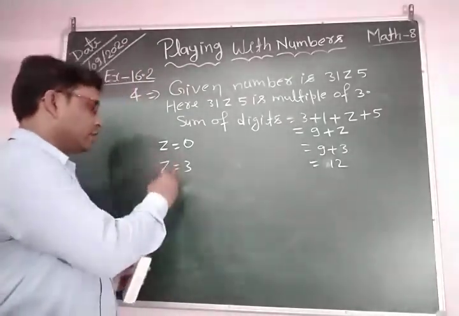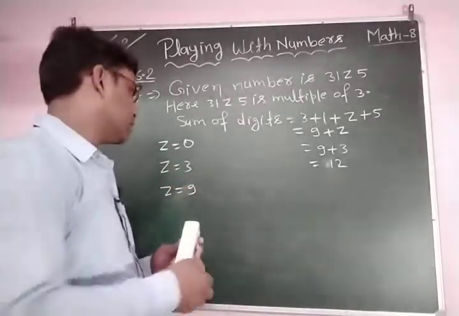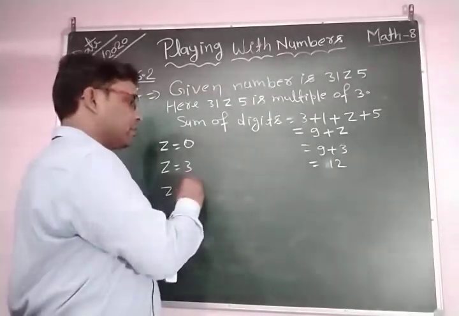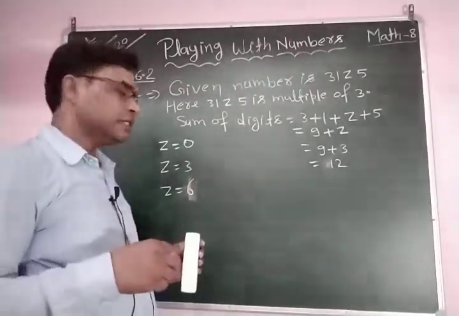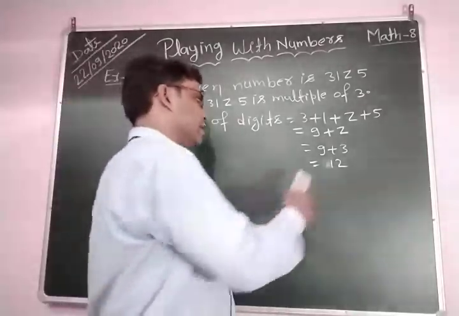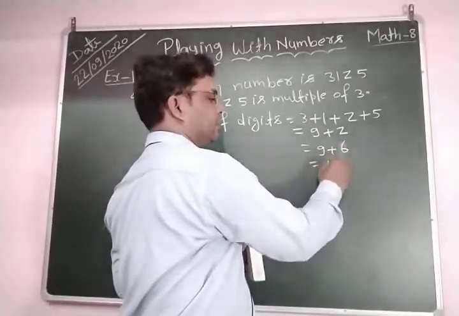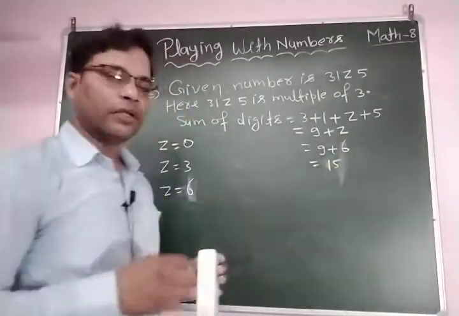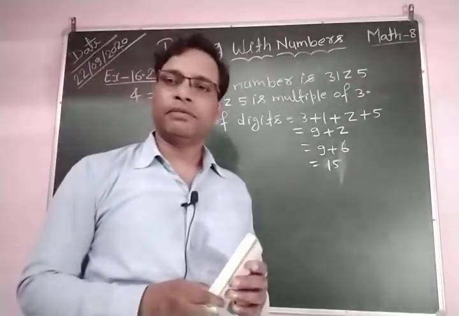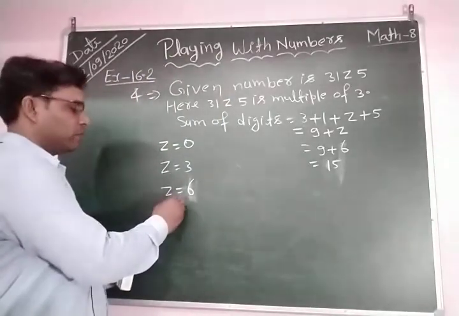Next we take z equal to 6. So 9 plus 6 is 15. You know that 15 is a multiple of 3, or you can say 3 divides 15. So z equal to 6 is the right value.